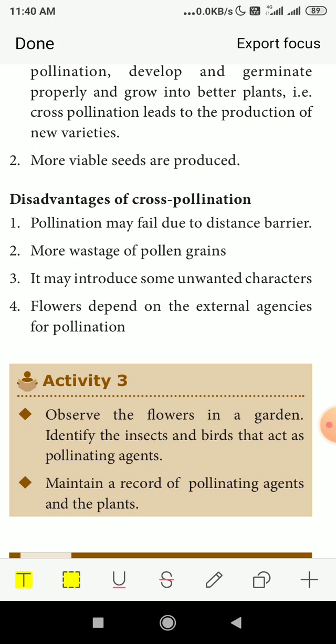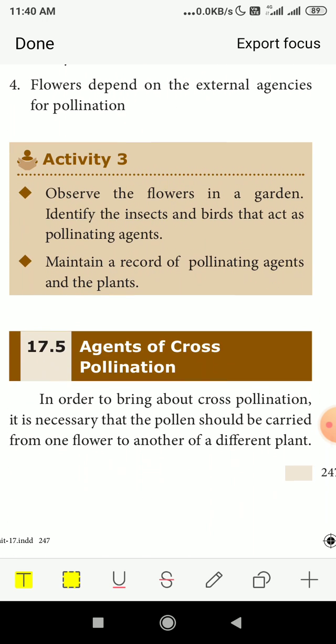Flowers depend on external agencies for pollination, that means insects, birds, and also water. These are the advantages and disadvantages of self pollination and cross pollination.